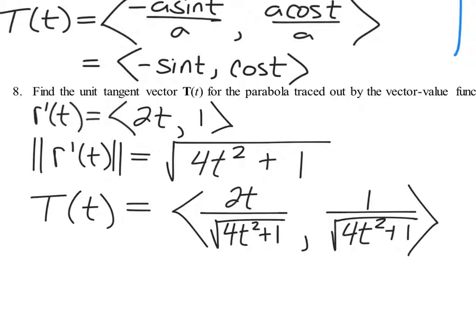All right. And in this case, that's all we're really looking for. Depending on the value of t, we can make a determination not only of a particular coordinate on the parabola, but also what the unit tangent vector would look like.